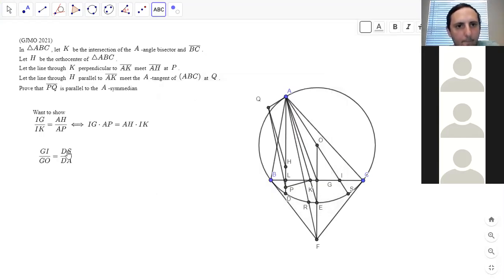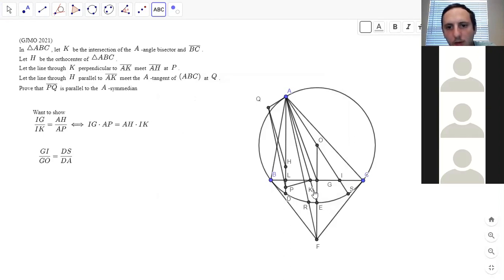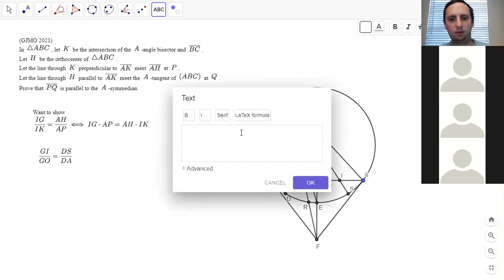Next, triangle APK is similar to triangle AES, right? That is because the angles are isogonal and they're both right. So AP over AS is equal to AK over AE.